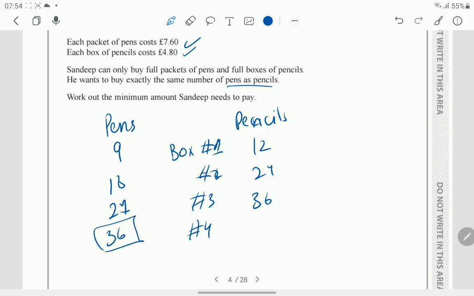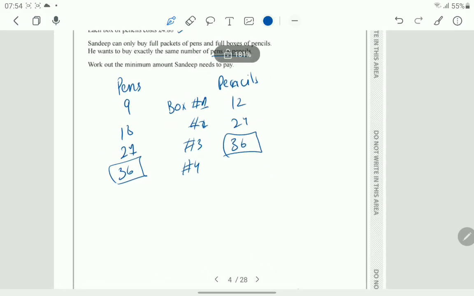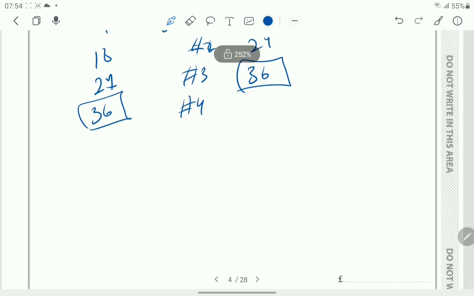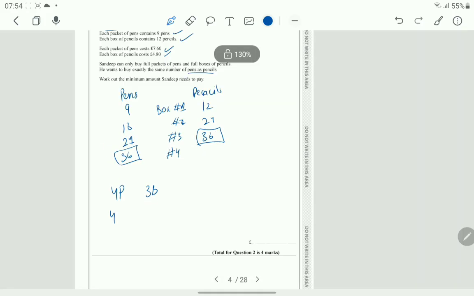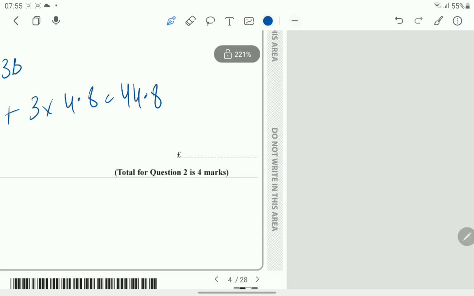So here we can see that he now has an equal number of pens and pencils if he buys 4 packets and 3 boxes, and the cost of one packet is 7.6 and the cost of one box is 4.8. So solving it, we get 44.8 as our final answer. Write it in the answer space and you score full marks.